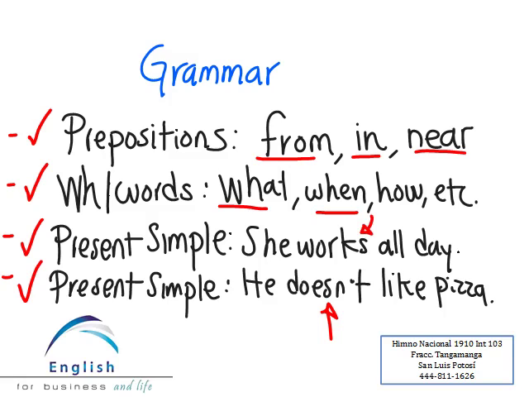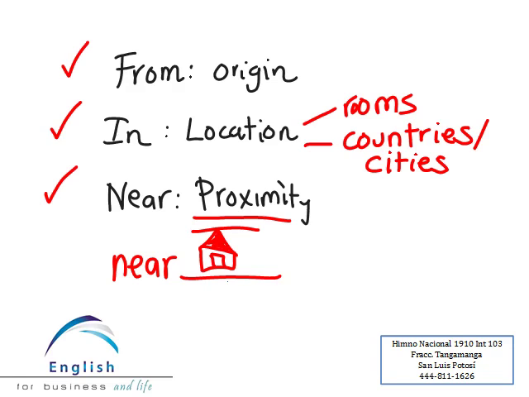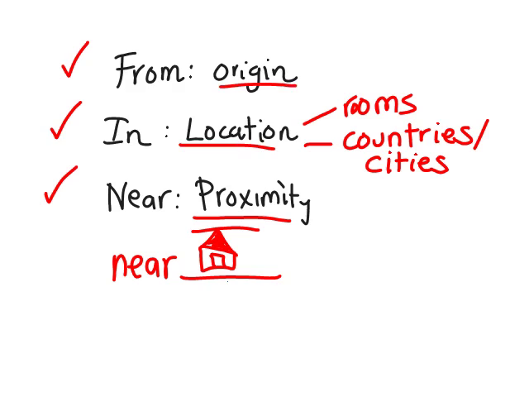Okay? One more time. From expresses origin. In expresses location for rooms, countries, cities, and other places. Yeah, you can again ask your teacher when you attend class. And near expresses proximity. Okay? Example, near the house, near the park. Now, WH questions.